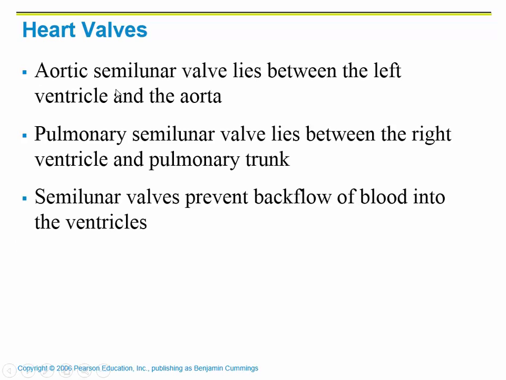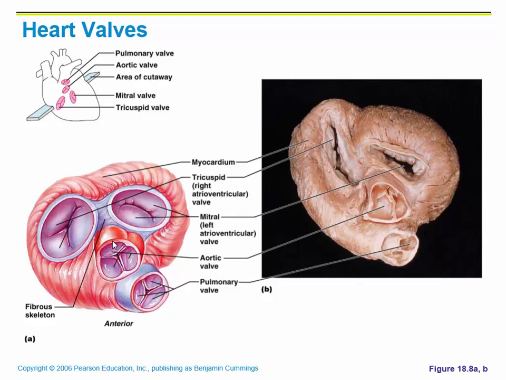Then we have two more valves. They're considered to be semilunar valves. We have one at the base of the aorta, and we have one at the base of the pulmonary trunk. What these are going to be doing is preventing backflow into the ventricles. So this is what the valves look like.